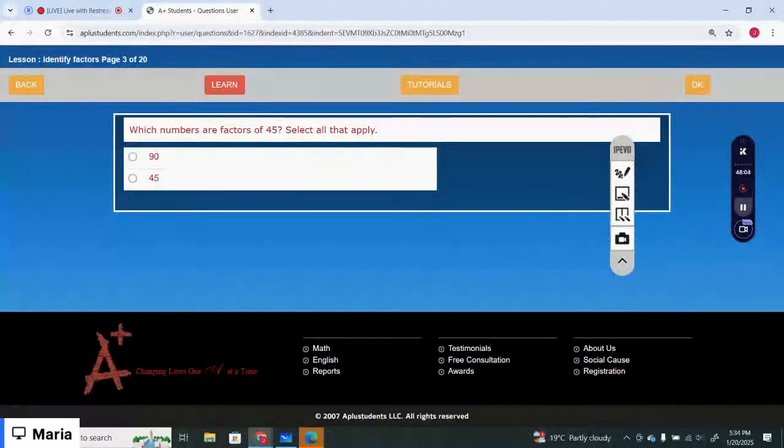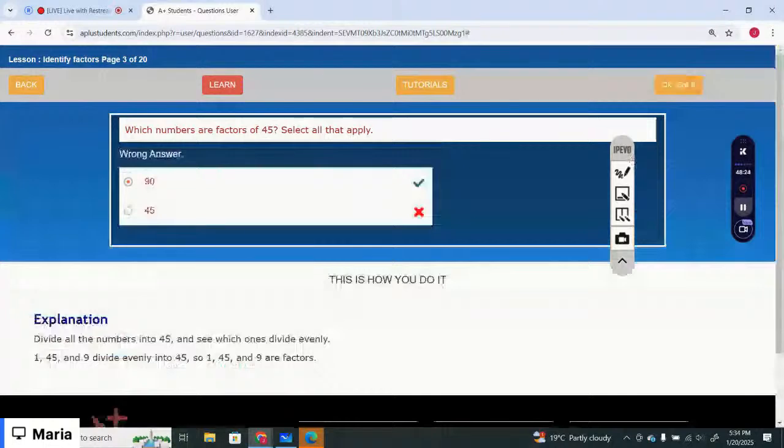Which numbers are factors of 45? That is 45. Option number 2 is the correct option.